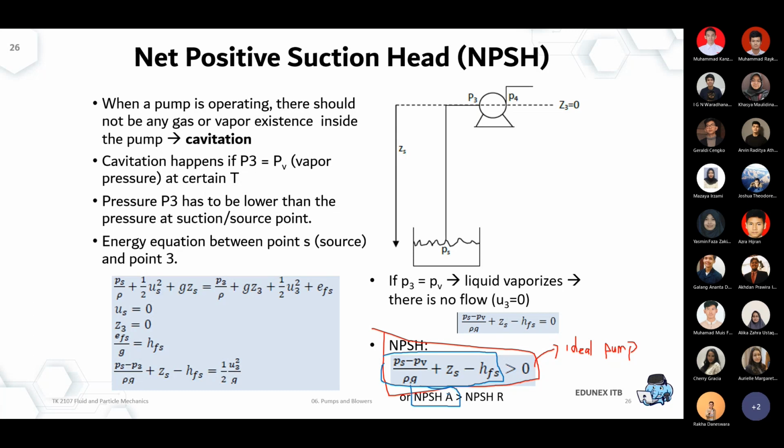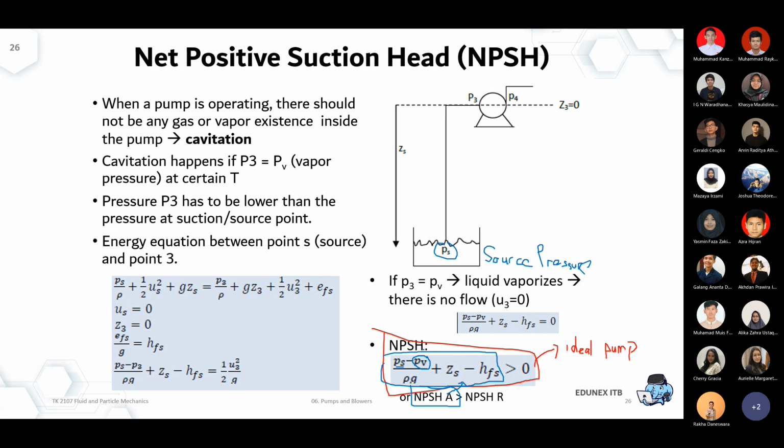So the formula of the NPSH is the delta pressure, P suction minus the vapor pressure. PS is the source pressure, which should be known in the equation. And then PV is the vapor pressure. If it's water, you just need to know the vapor pressure of water at the required temperature.